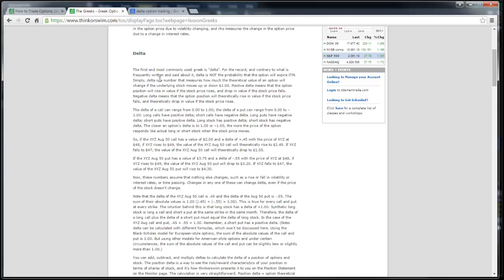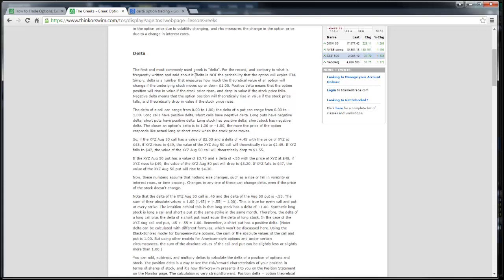And when I use the term position, that can be one trade, it can be one option leg, it can be a call, it can be a put, it can be multiple legs, it can be multiple trades, but the quickest way to determine how a change in price will affect it is by looking at what is the delta, okay?